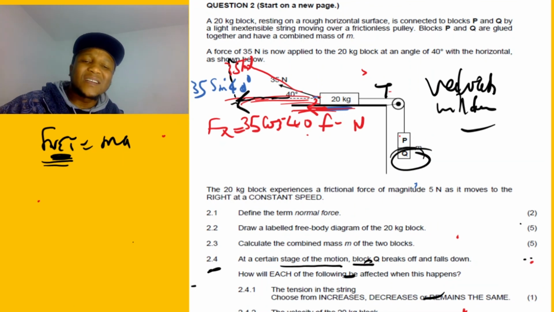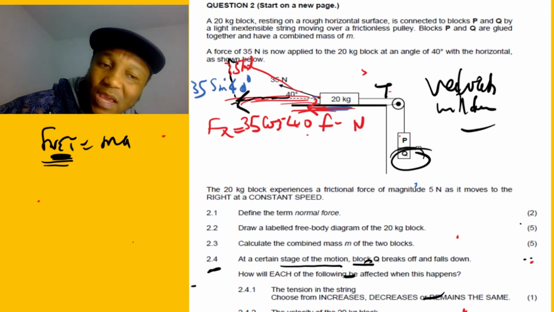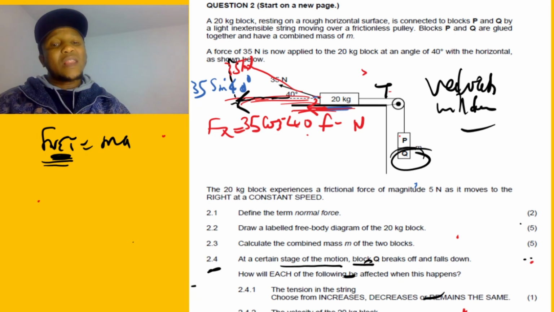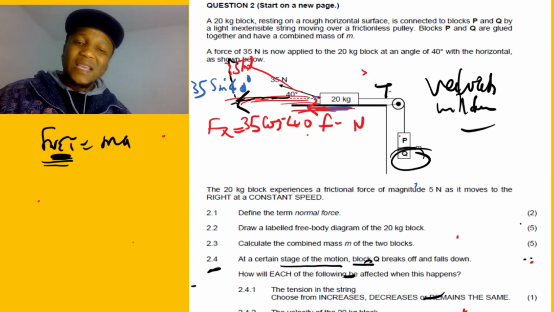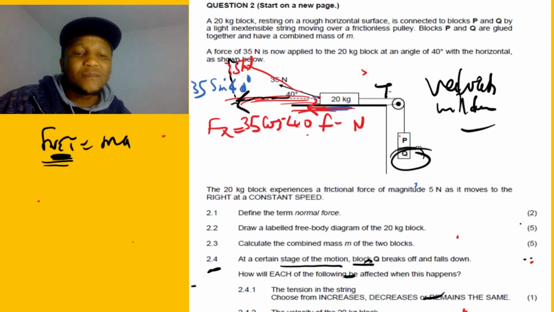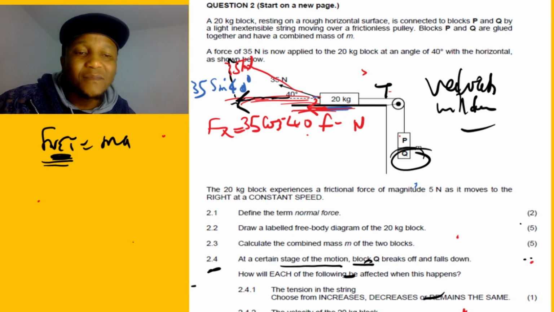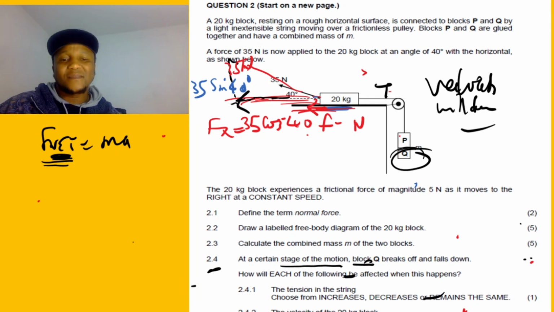In other words, acceleration is going to be smaller. And if acceleration gets smaller, even the velocity is going to get smaller. So velocity is going to decrease.